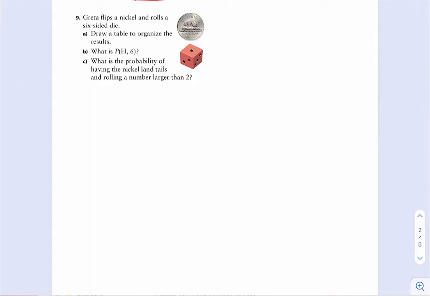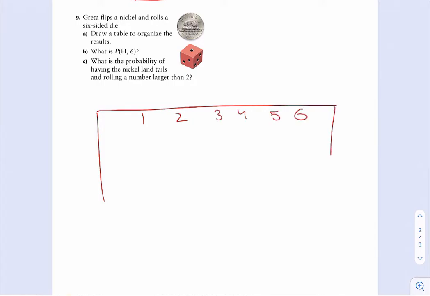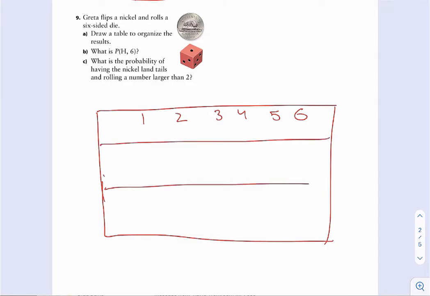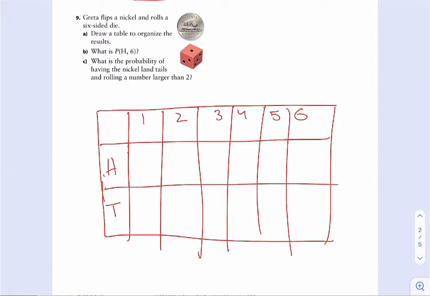All right, number 9. Greta flips a nickel, rolls a 6-sided die, draw a table. Okay, so we're going to have a 6-sided die. 1, 2, 3, 4, 5, 6. That was terrible placement, but whatever. Okay, heads, tails. Now we're just going to fill this in.